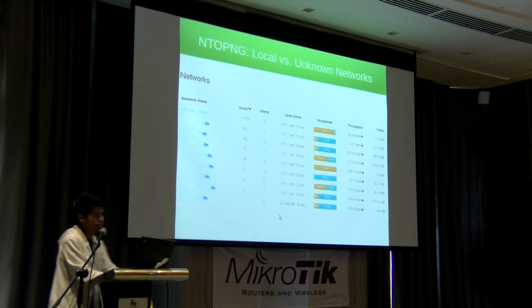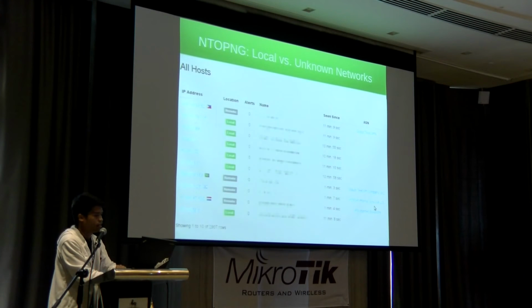And then under the network, you can also see how many active hosts are in that specific network, since when, and then the throughput, and the traffic that is being generated. And then here, under all hosts, you can see ntop also identifies whether the IP is local or remote.